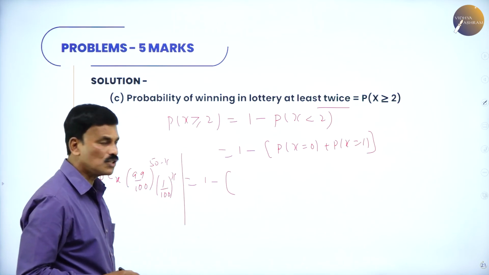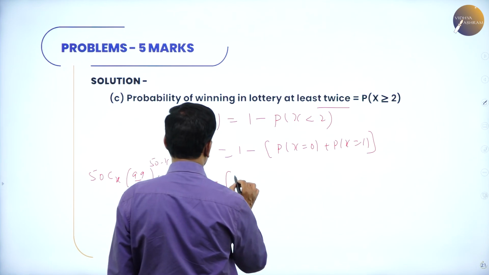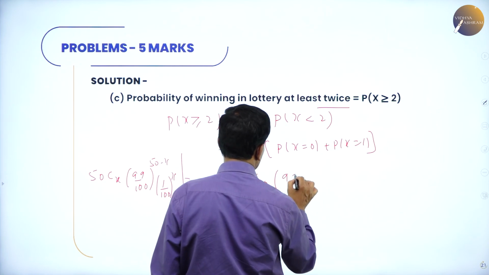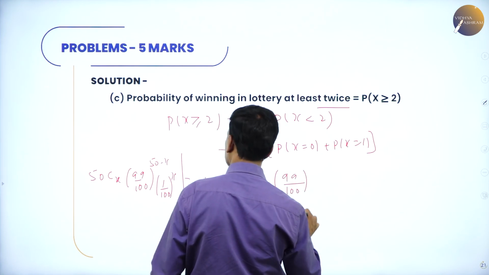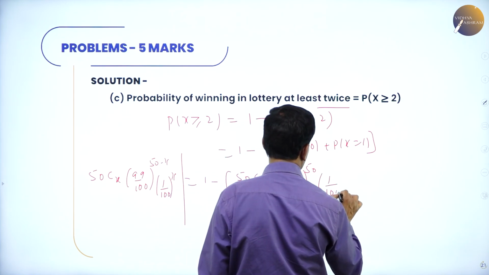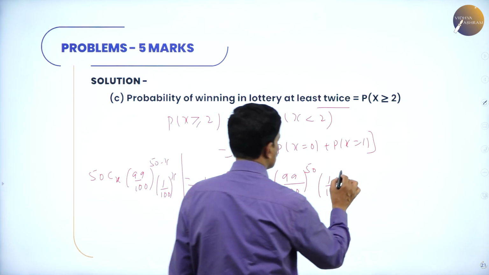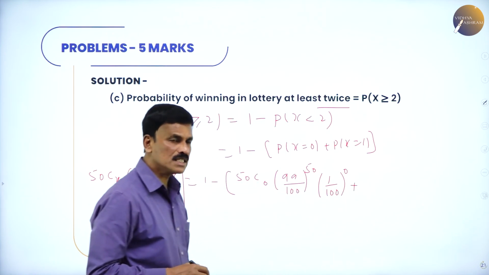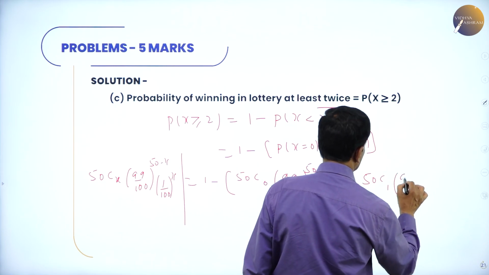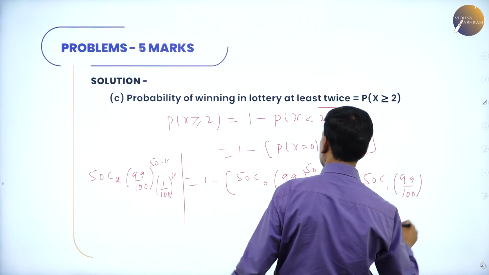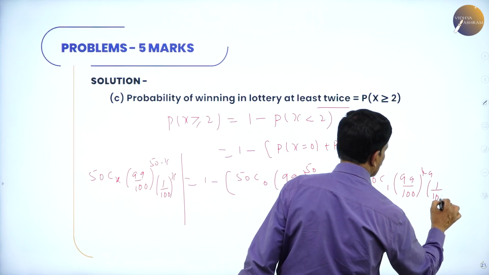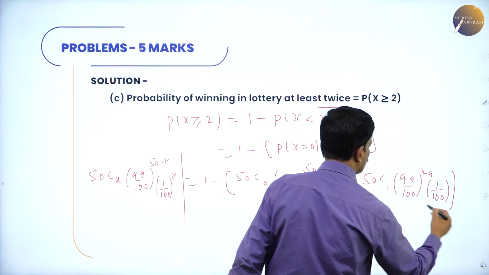Now put x equal to 0 here. So this is 1 minus [50c0 (99/100)^(50-0) into (1/100)^0, plus, when x is equal to 1, 50c1 (99/100)^(50-1) into (1/100)^1, that is 1/100].